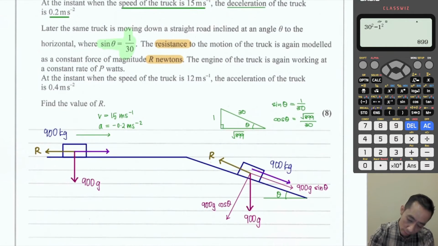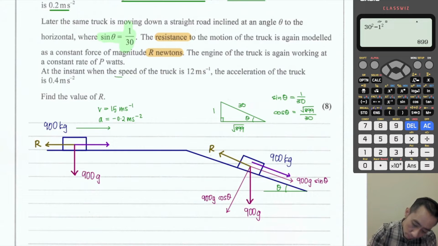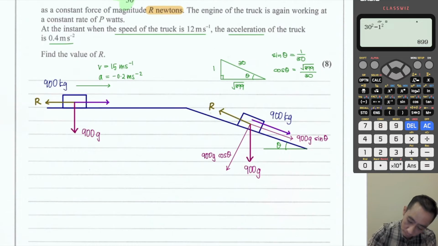Then when we're going downwards, the speed is 12 and the acceleration is 0.4. So for this direction here, v is 12 ms-1 and a is 0.4 ms-2.